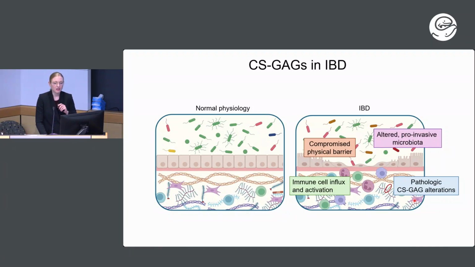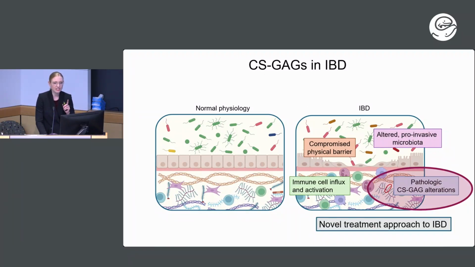However, whether this is a cause of the disease or some secondary effect of these other processes remains to be determined. If indeed pathologic CS-GAG alterations are really involved in IBD pathogenesis, they should represent a novel therapeutic target, which is really enticing since targeting this CS-GAG composition would not lead to systemic immunosuppression, which, as I discussed earlier, the vast majority of our treatments do.